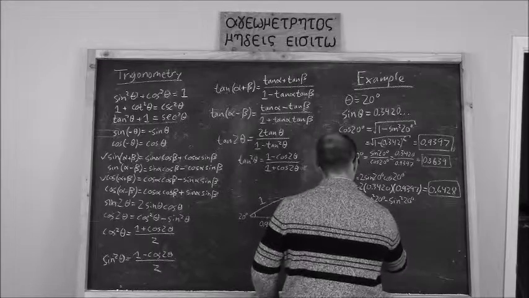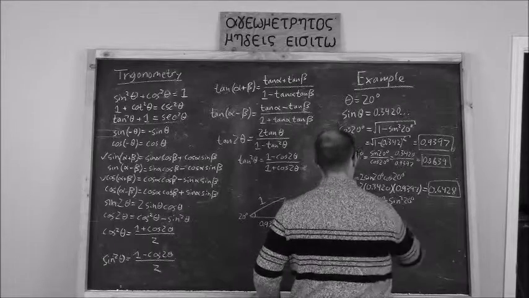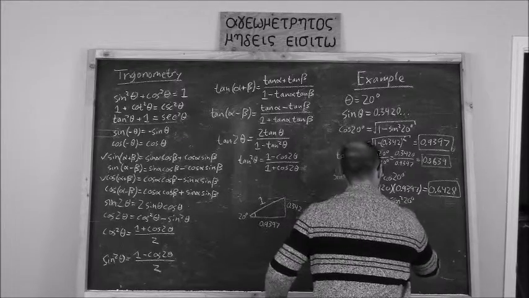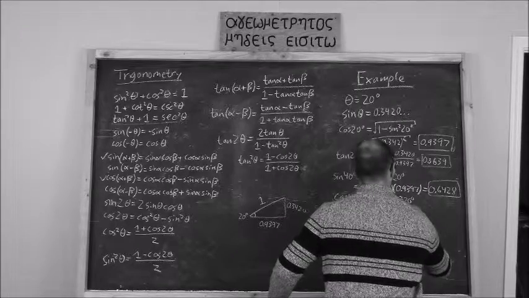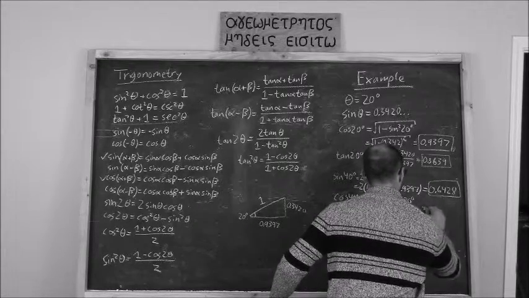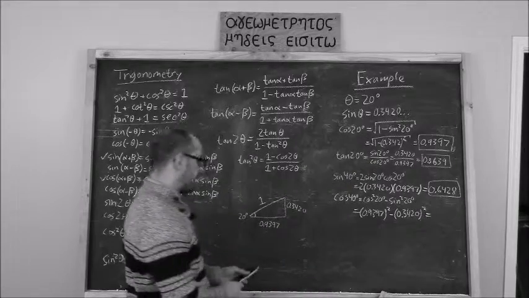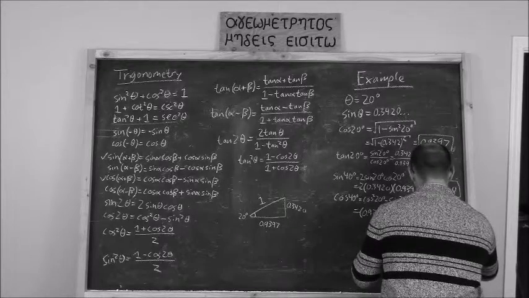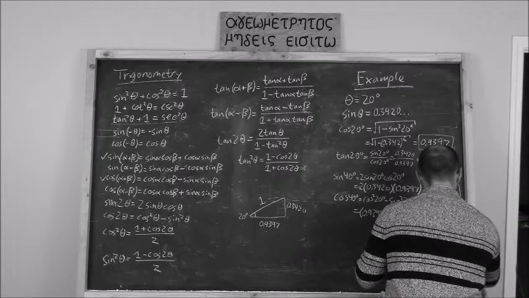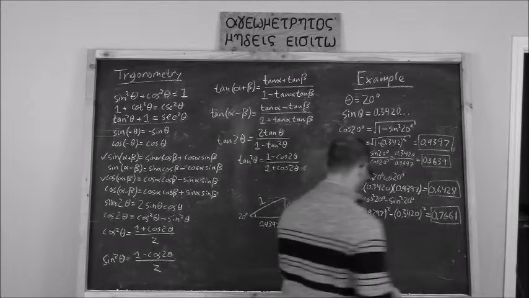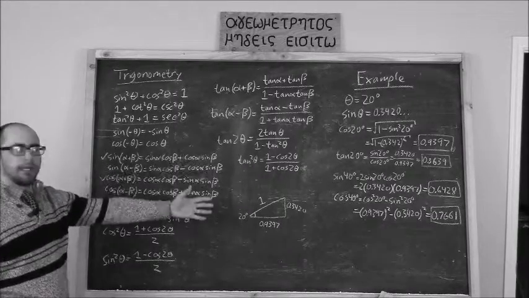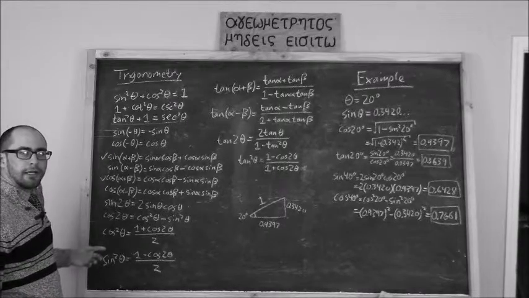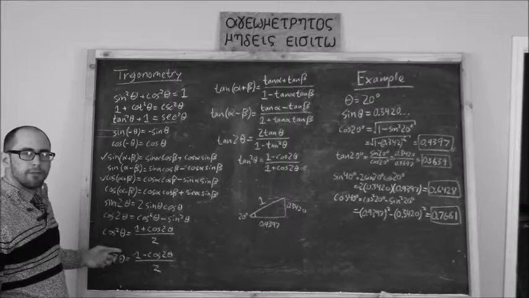So that's going to be 0.9397 squared minus 0.3420 squared. Okay, plug that into my calculator. I get 0.7661. Okay, do you see another way I could have obtained this answer using one of these identities? I'll let you take a look and see if you can figure out an alternative way.